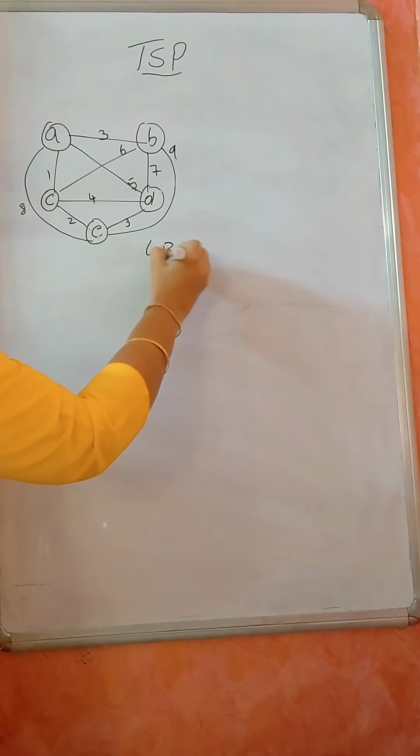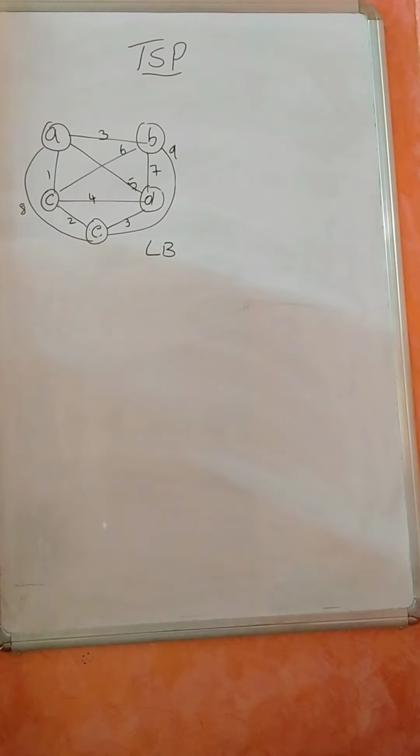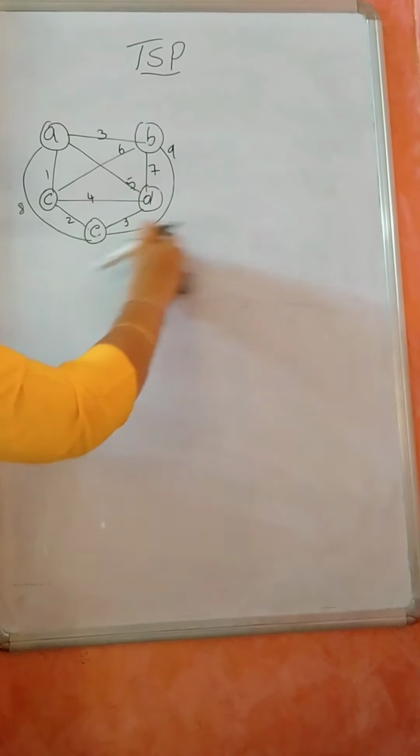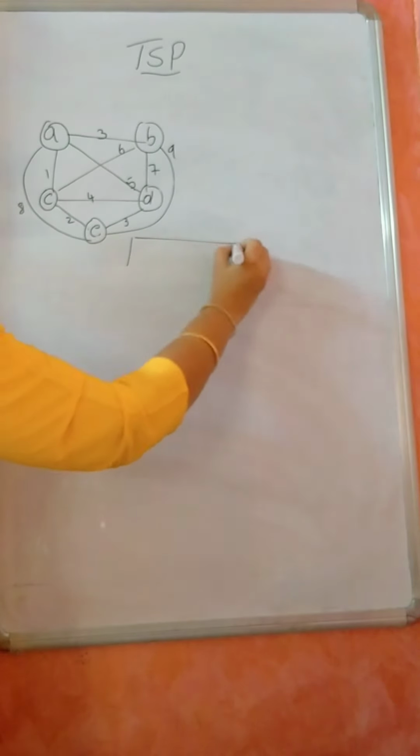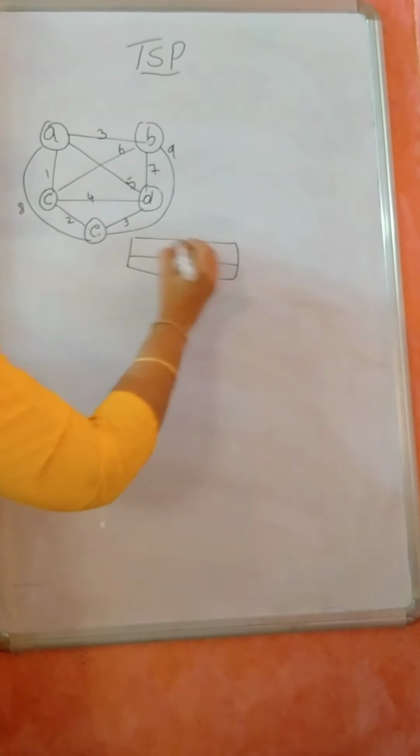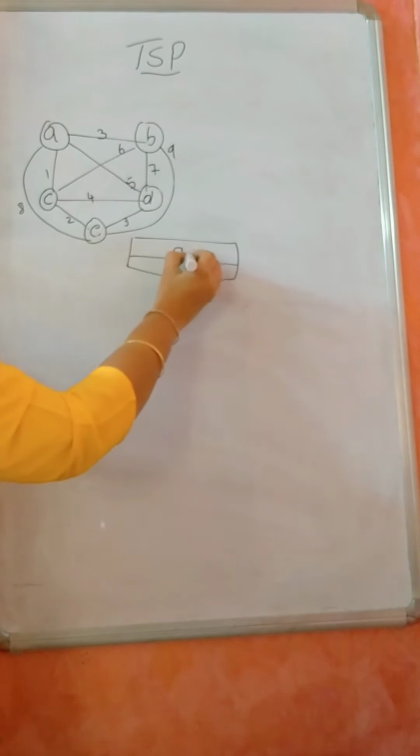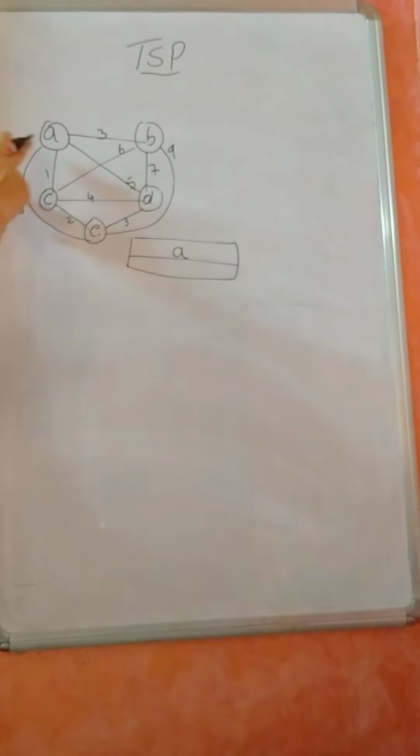This branch and bound technique is also solved using a solution space tree. Initially I need to compute the lower bound. Assume that A is my starting vertex, the start city.